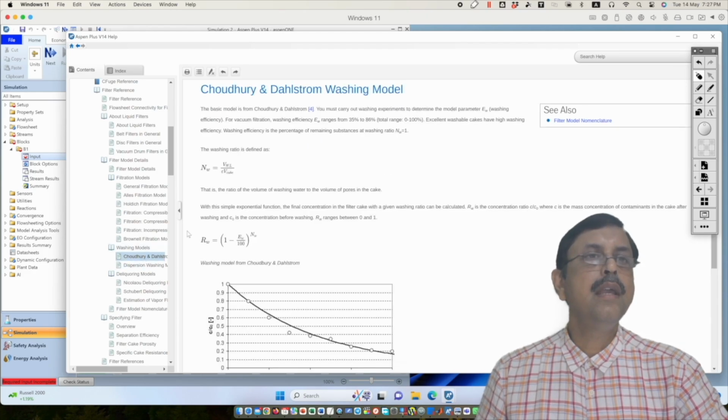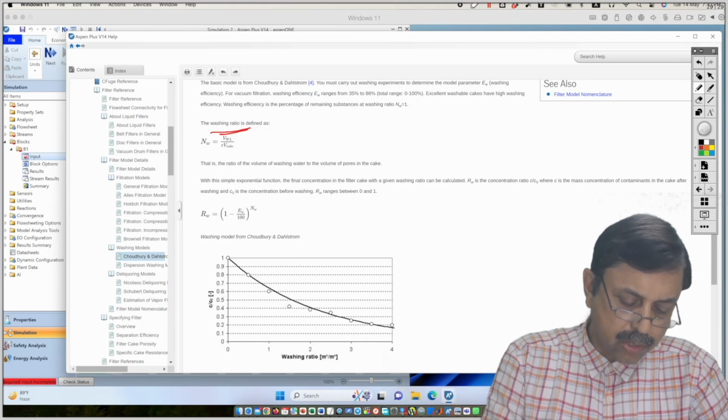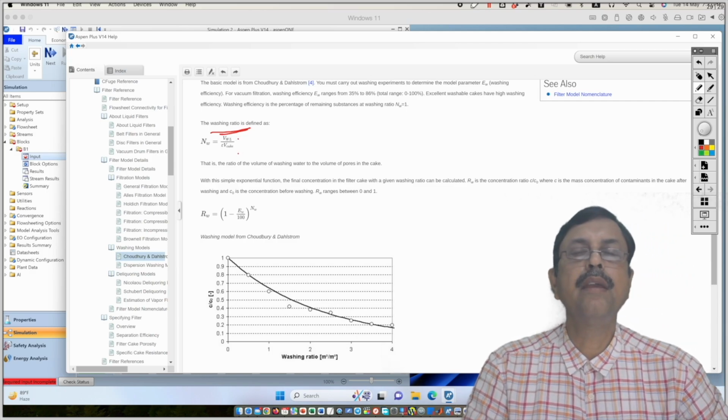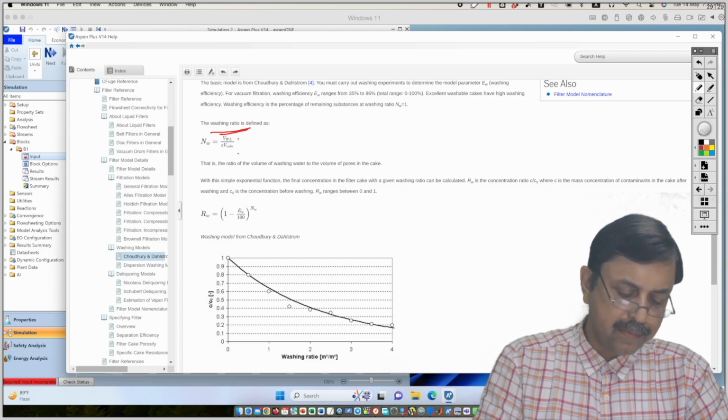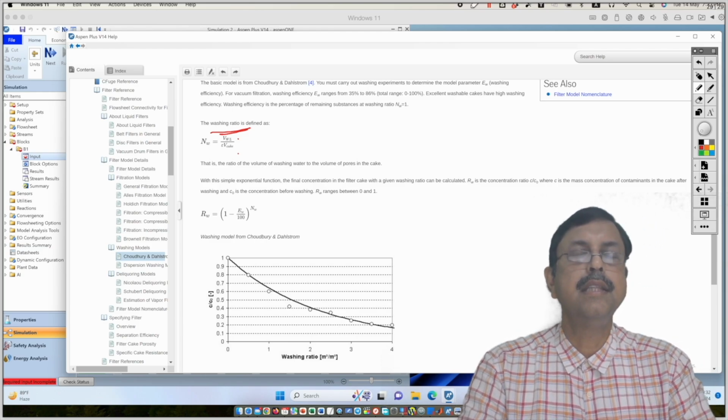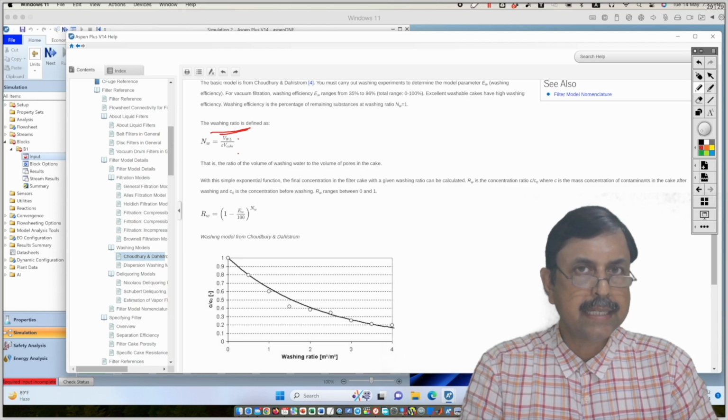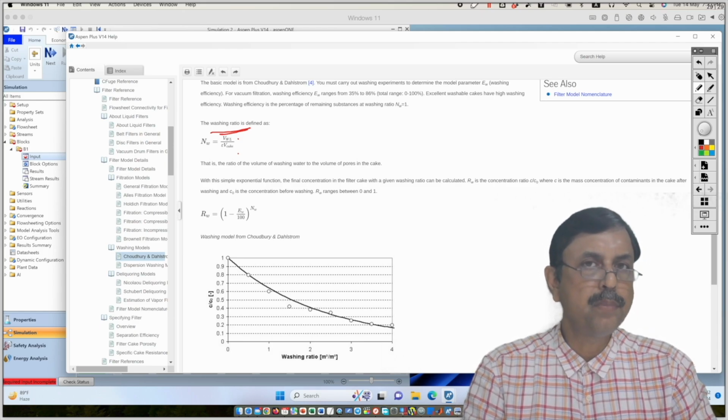Now, in Choudhury and Dahlstrom washing model, we have a washing ratio. This washing ratio is VWL by epsilon V cake. VWL is volume of washing liquid. V cake is the volume of cake and epsilon is the porosity.